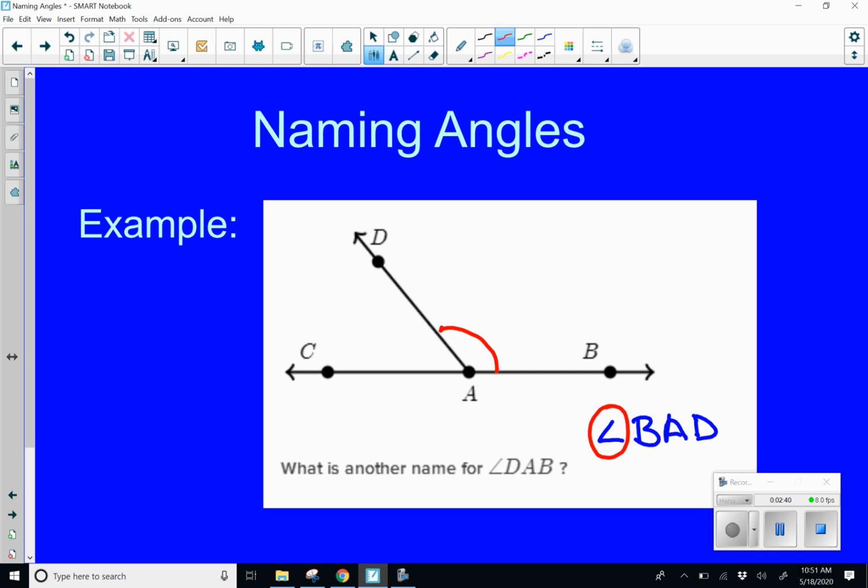Now here, the vertex is A. However, I cannot call this angle A because, as you can see, this point A is part of this angle right here as well. So if I call it angle A, you're not going to be able to tell which angle I'm referring to here. So the best way to name this angle would be either angle DAB or angle BAD.